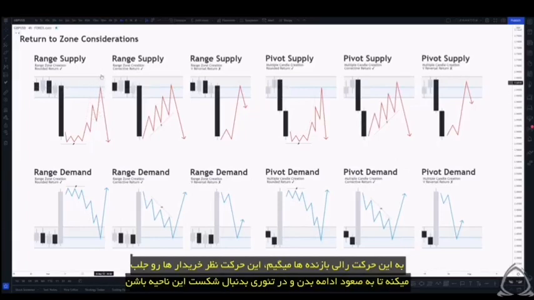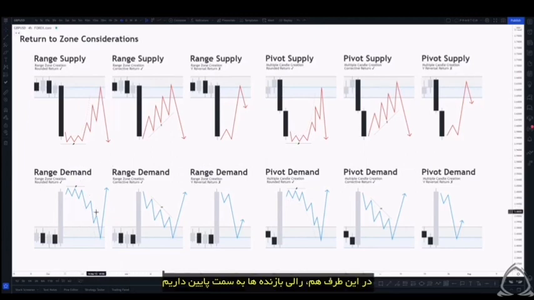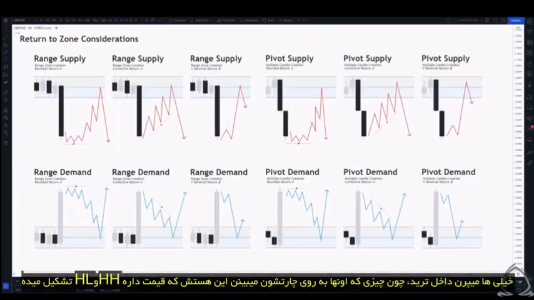This entices buyers to continue up and look to, in theory, break this range. But because we're entering a supply zone, we'd be pushing down, and that's why we get such a large momentous move to the downside. The same is said where we get this sucker's rally to the downside. A lot of people look to jump in because what they see on their chart is price moving higher highs and higher lows.